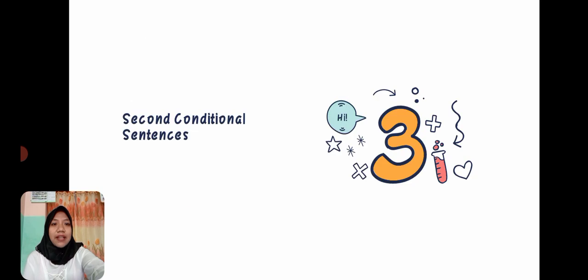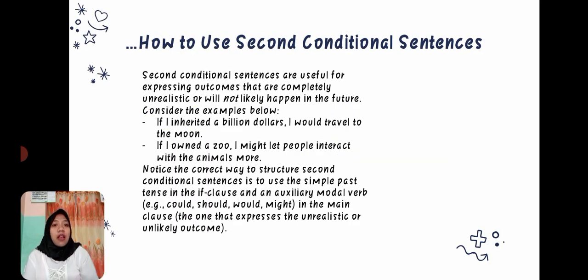Okay, next. Number 3, second conditional sentences. How to use second conditional sentences? Second conditional sentences are useful for expressing outcomes that are completely unrealistic or will not likely happen in the future.